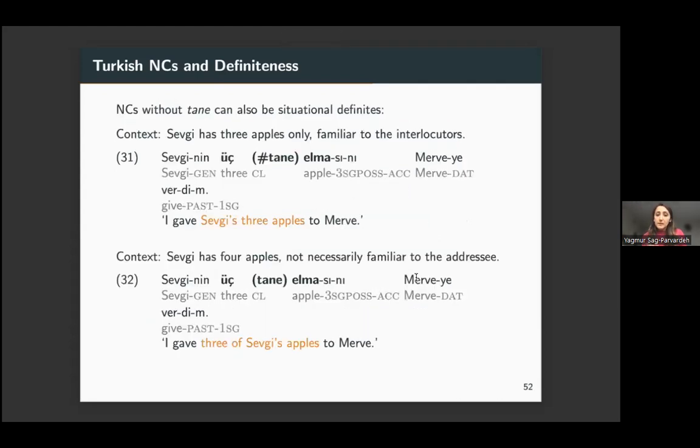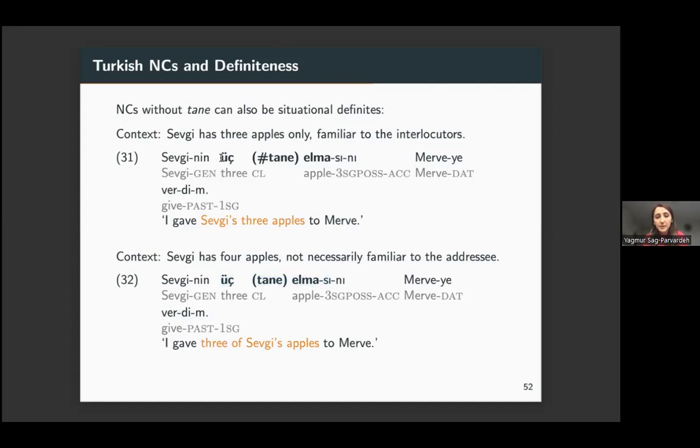We can also see this distinction in situational definites. For example, let's say Sevgi has 3 apples only. You can say, I gave Sevgi's 3 apples to Merve, especially if both you and your addressee know what 3 apples you're talking about. But if Sevgi has 4 apples, you can refer to 3 of them by using both forms of numeral constructions.